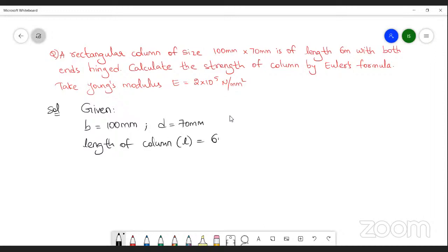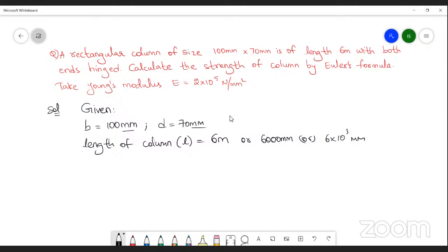It is given as 6 meters. Let's convert this into millimeters also, because here we have it in millimeters. So you can either write it as 6000 millimeters, or you can also write it as 6 into 10 power 3 millimeters. This is one way.